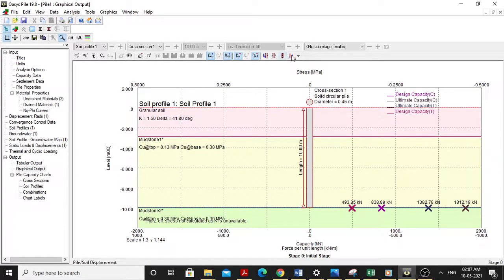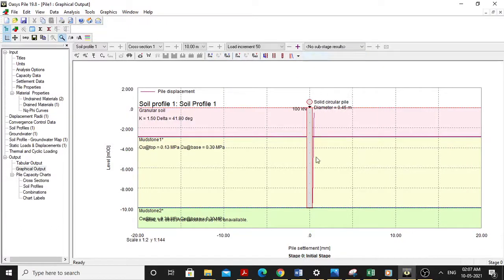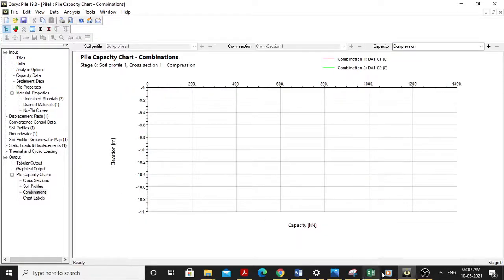And the pile displacement is showing something like 0.23, because the graph is 0 to 10. So this is all that I have done. Any doubt, you can just ask.